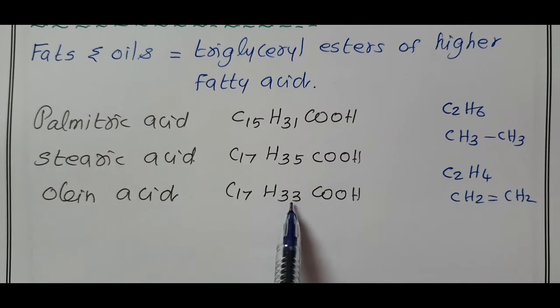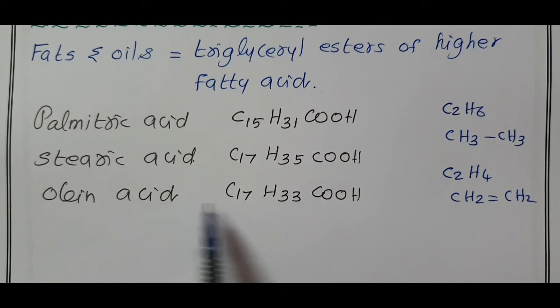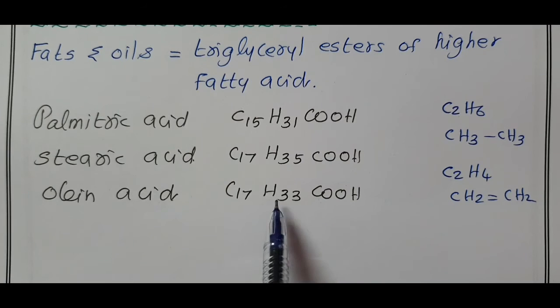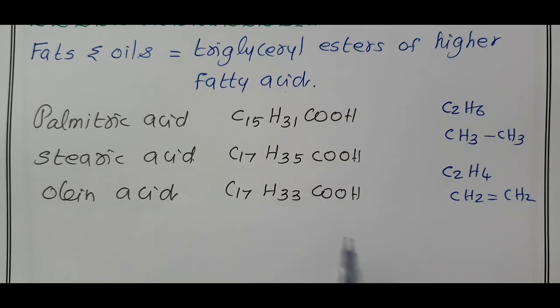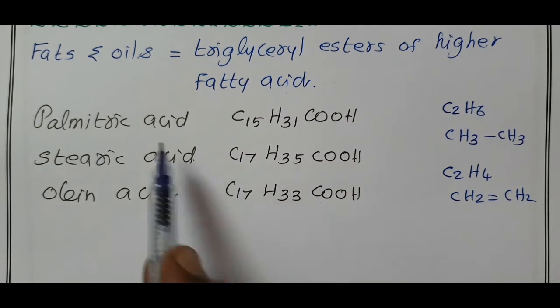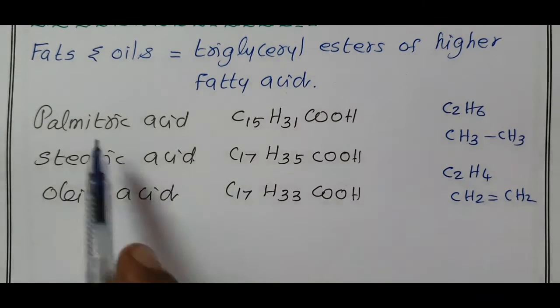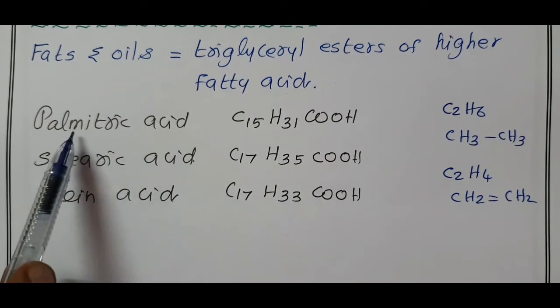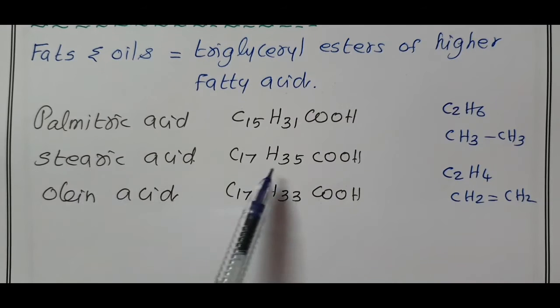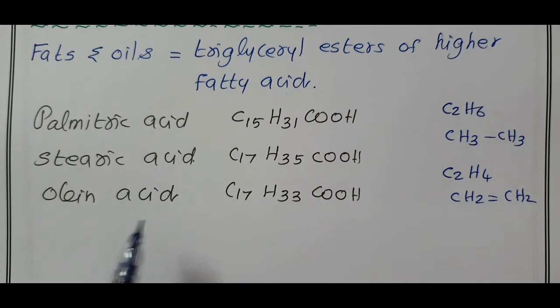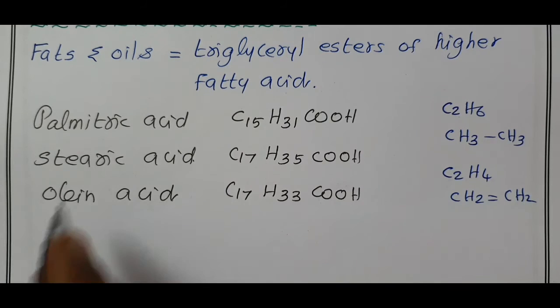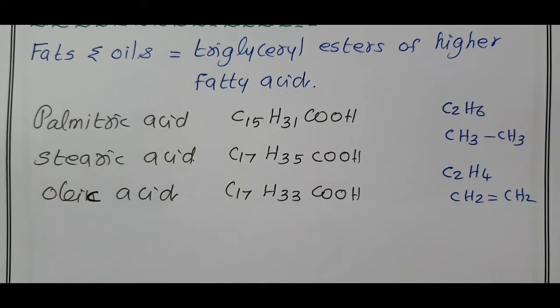The two hydrogens being reduced indicates that oleic acid contains one carbon-carbon double bond. So, these are higher fatty acids. You know, palmitic acid is present in palm oil, stearic acid in beef, and oleic acid in vegetable oils.